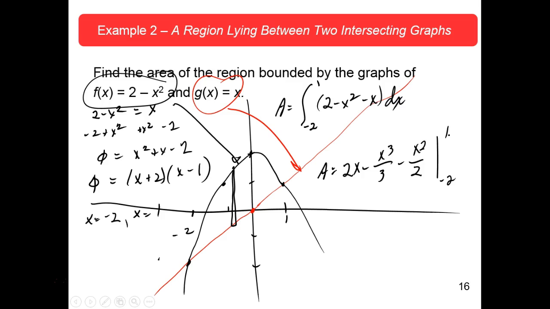Uh-oh, no zeros on this one. So you tell me what we do. I would almost, yeah, plug in the positive 1, and what do you get? 2 minus 1/3 minus 1/2. Plug in the negative 2, but we're subtracting then. And what would that give you?